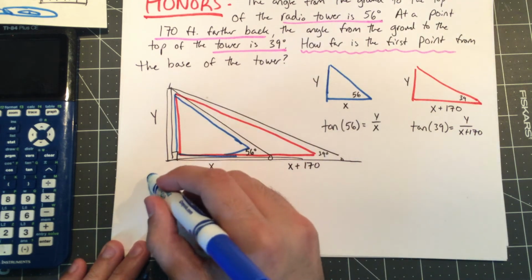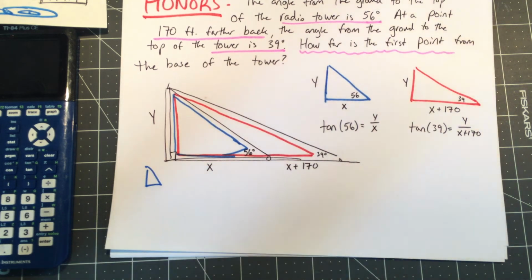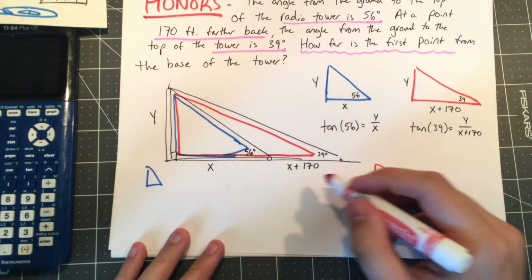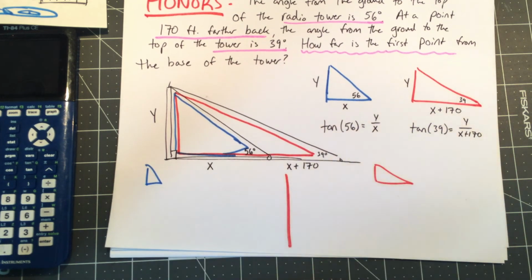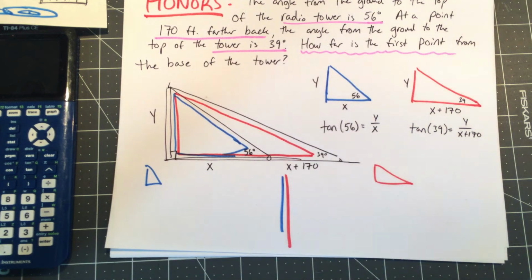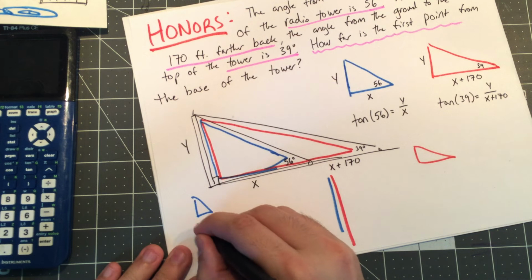So I'll continue my blue triangle work over here and my red triangle work over here, so that way you can follow what's going on. Blue triangle, very easy. I'm just going to multiply by x. So I get this.